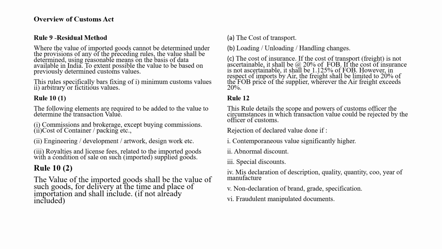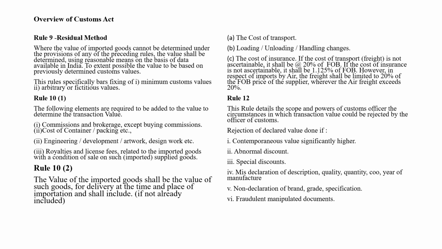Rule 10(2). The value of imported goods shall be the value of such goods for delivery at the time and place of importation and shall include, if not already included, first, the cost of transport, second, loading, unloading, handling charges, and third, the cost of insurance. So my dear, here, very important point, if the cost of transportation freight is not ascertainable, it shall be 20% of the FOB.